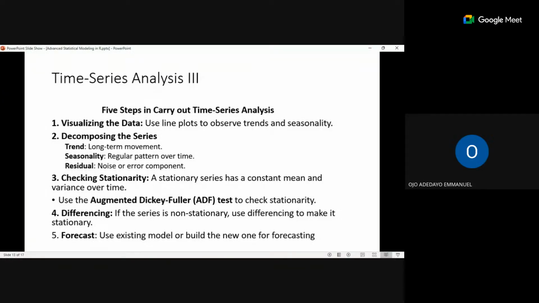So what did I mean by decomposing the time series?